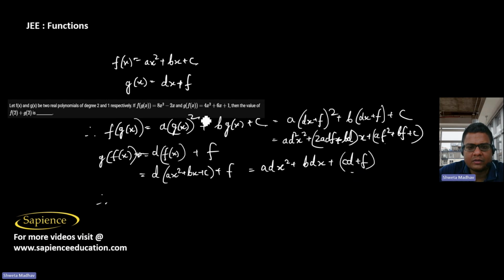So therefore if we compare this, then we'll get ad equal to 4, bd equal to 6, and cd plus f equal to 1.